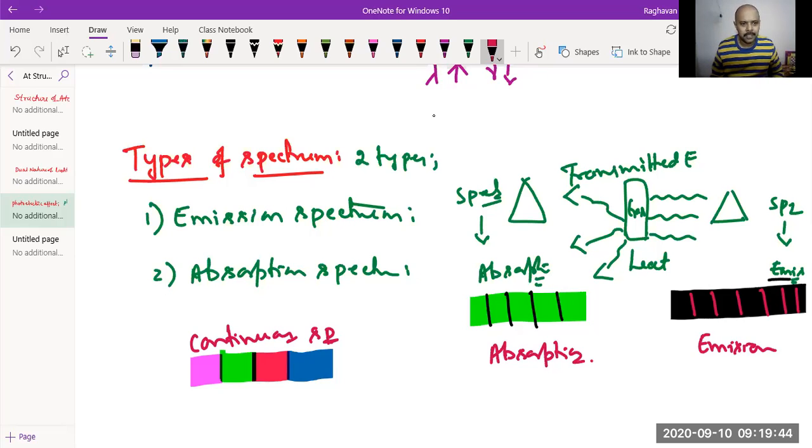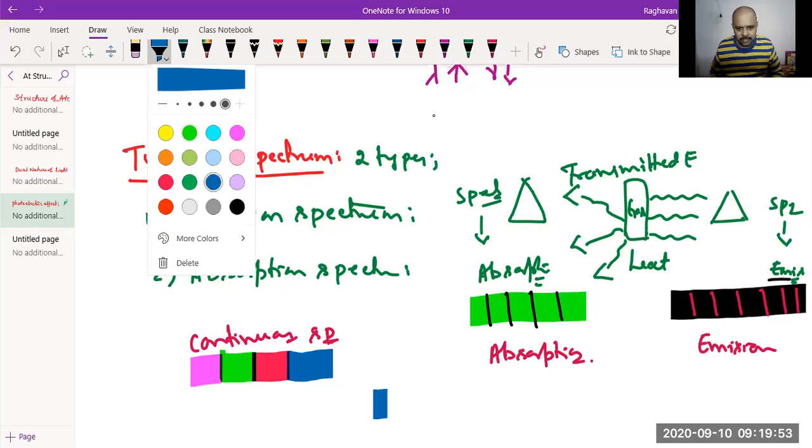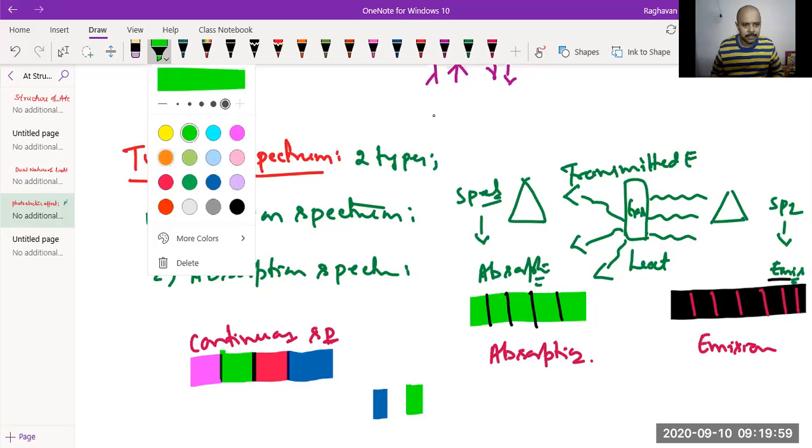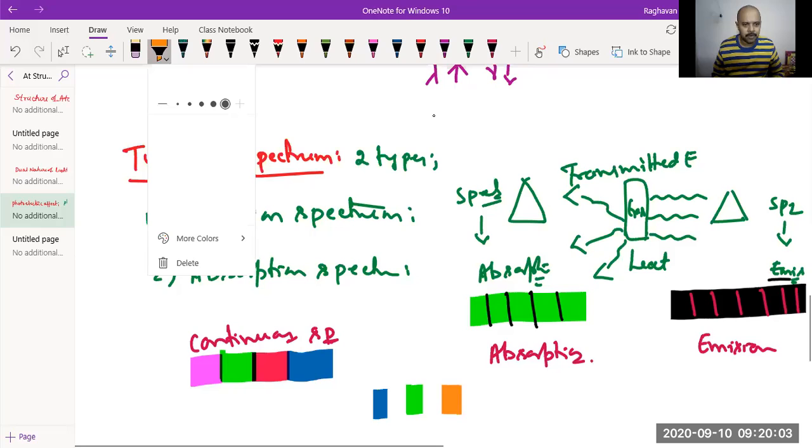If there is a wavelength gap like this, let's say here is one wavelength, after that there is a gap, the next color is emitted, then after that there is another gap, with some wavelengths here. This is called a discontinuous spectrum.